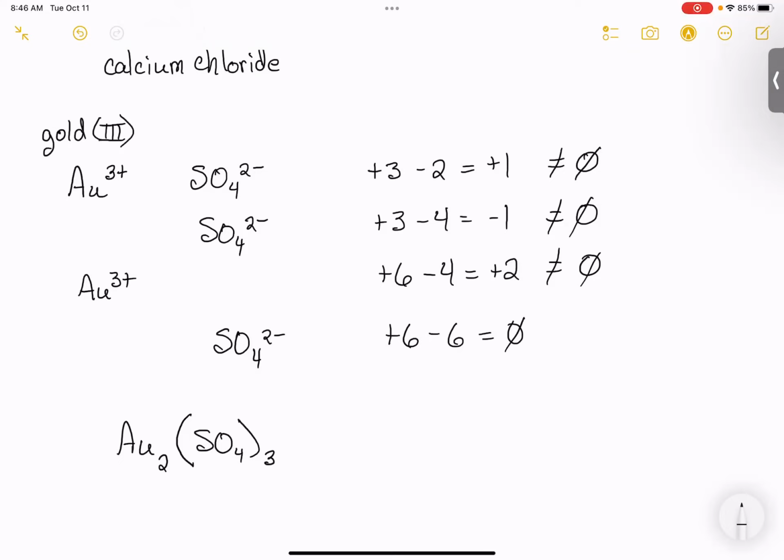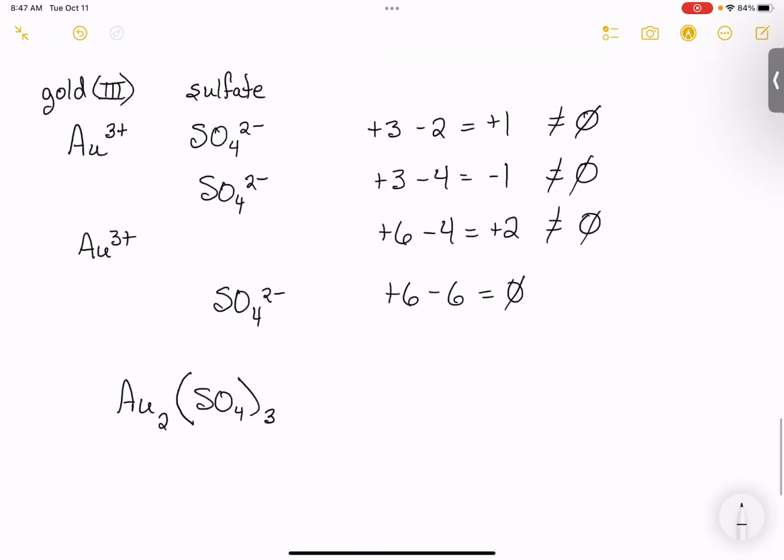And I have a polyatomic of period 3 that has 4 oxygens. So what is its ending going to be? Ate. So once I combine them, the compound's name is gold(III) sulfate.